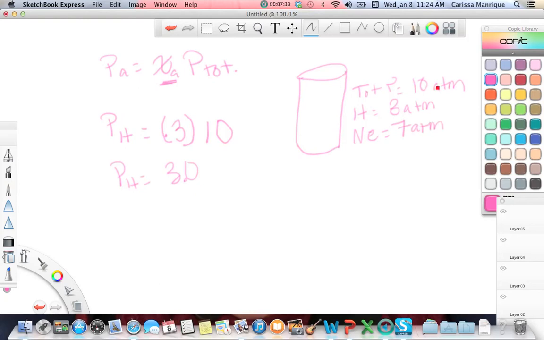So it just tells you individually what it contributes. Hydrogen contributes 3 atmospheres of the total, or 30%. So basically, it's a way to calculate the individual pressure.